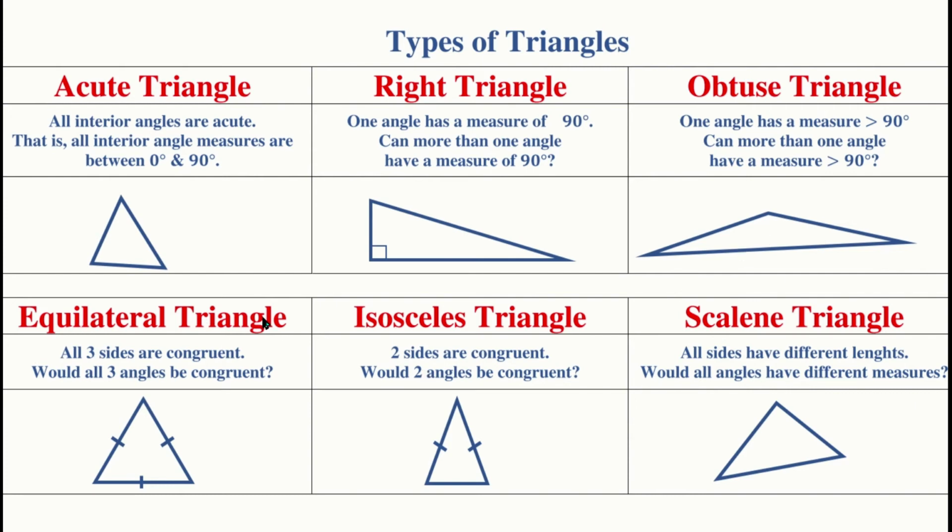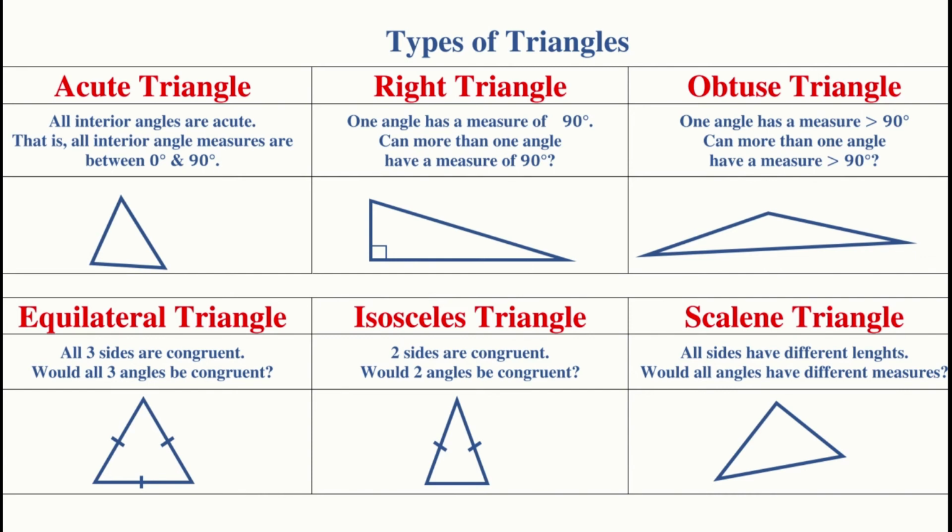Now, equilateral triangles are triangles for which all three sides are congruent. Now, let's see if you remember some geometry. Does that mean that all three angles are congruent as well? As it turns out, yes. So not only are all three sides congruent, but the three angles, which add up to 180, are congruent, right?